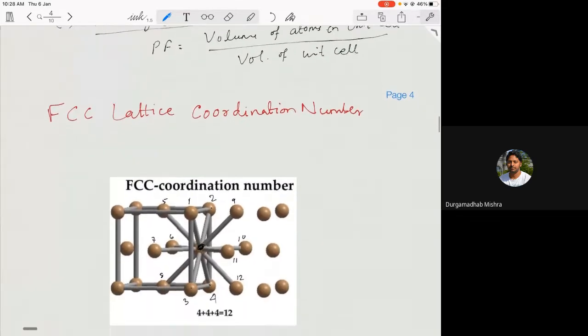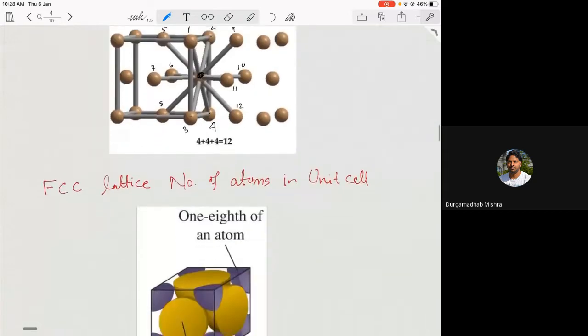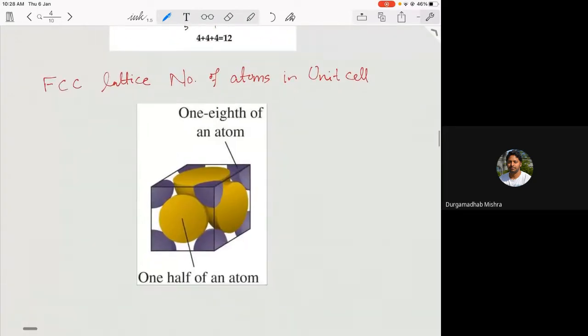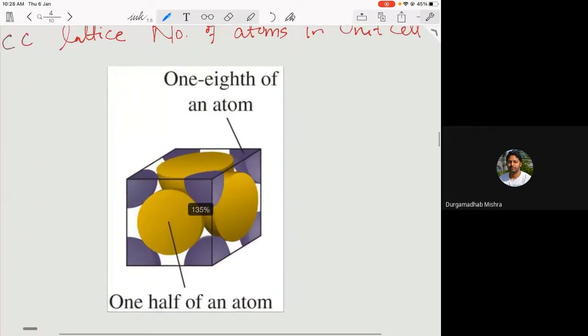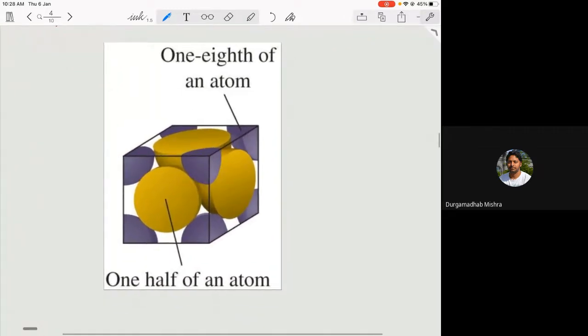Let's do an example here so it will be clear. Here I have taken again the FCC lattice. In fact, one thing which I forgot to mention is that you can also calculate how many atoms there are in a unit cell.